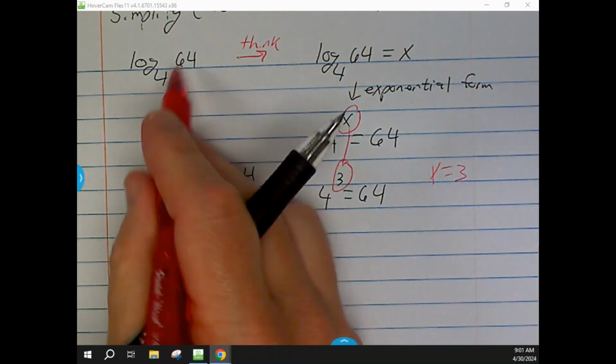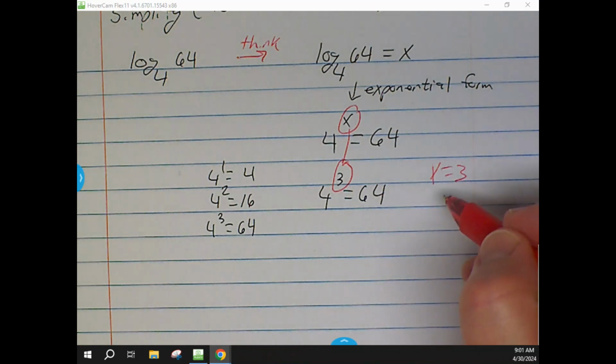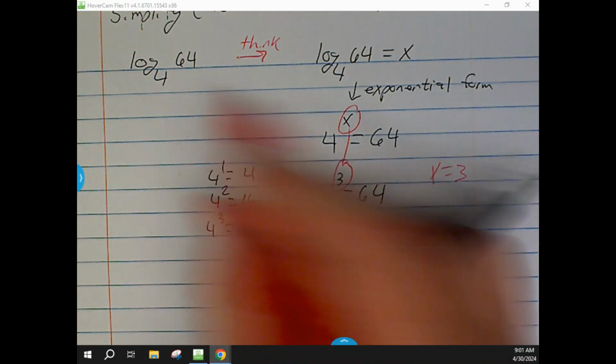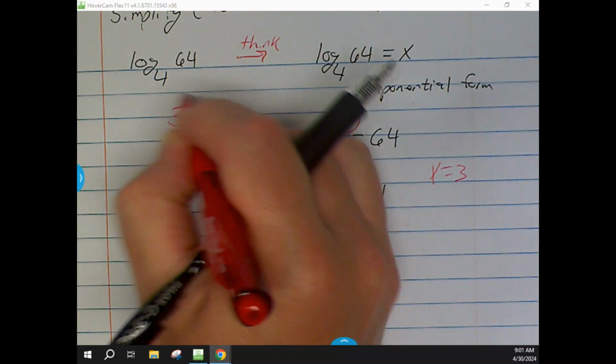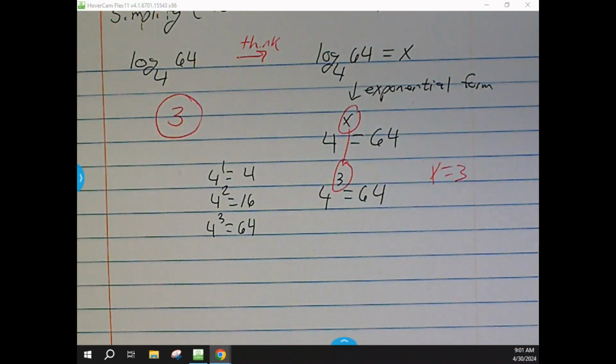So they ask you to take this thing and simplify it. Now again, they never gave us an x in this case. So if they ask you to simplify this one without a calculator, the answer would just be 3.